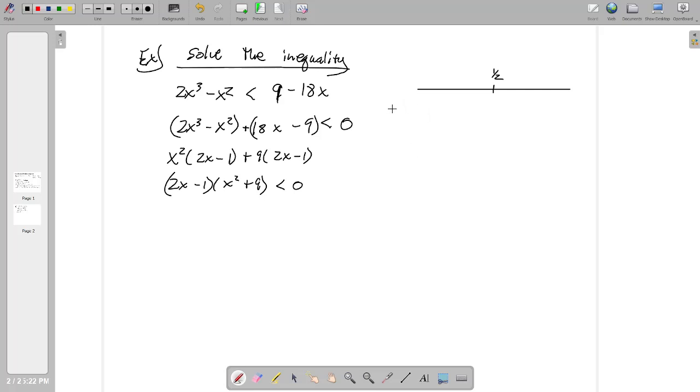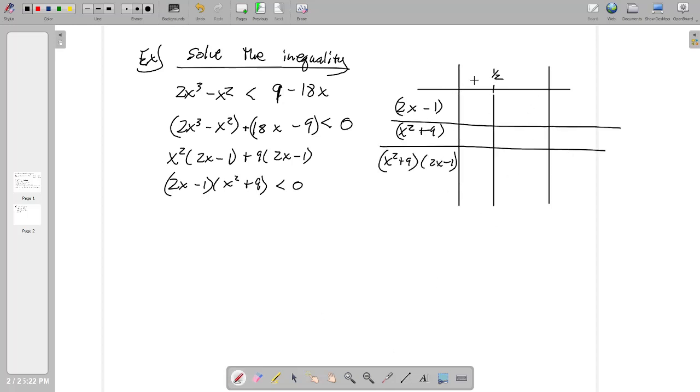And then on each interval, we look at each of the corresponding factors and their signs. So on this interval, we're talking about when x is less than 1/2. And then on the interval to the right of 1/2, x is greater than 1/2.